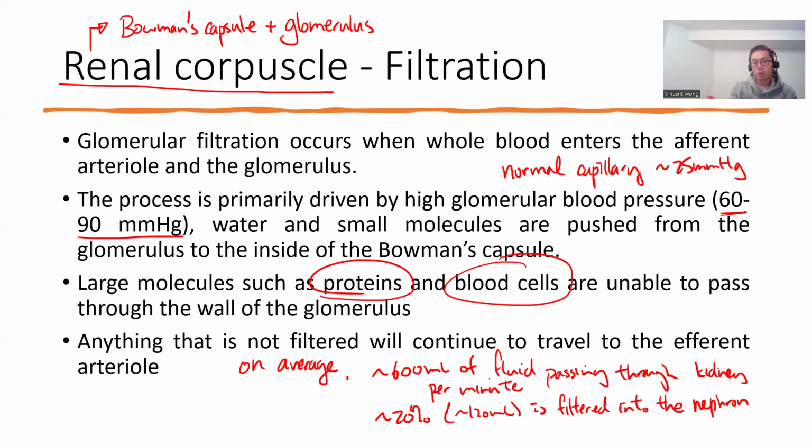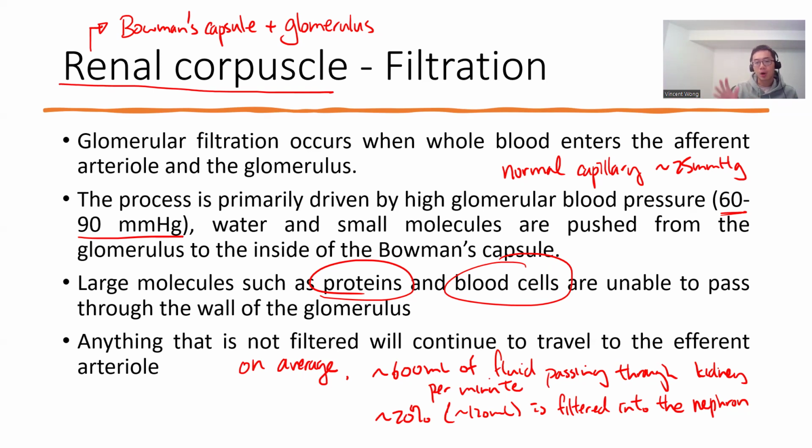If we don't take it back, then that means every minute we are going to be producing 120 milliliters of fluid, which means we're going to be peeing out all the time. And in order to survive, we would have to continuously drink fluid. We'd have to drink as much as 1 liter of fluid every 10 minutes just to maintain homeostasis.